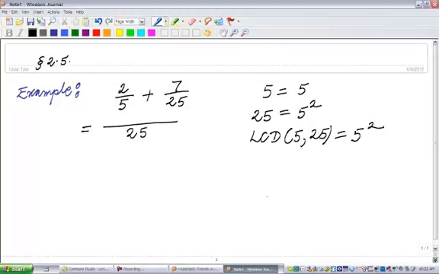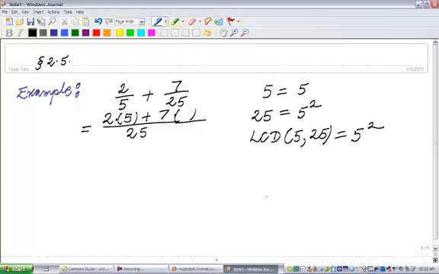Okay, so what I'm going to have here is the numerator 2 multiplied with something, and then the numerator 7 multiplied with another number. So what goes here, and what goes here? I divide 25 by 5, I get 5.